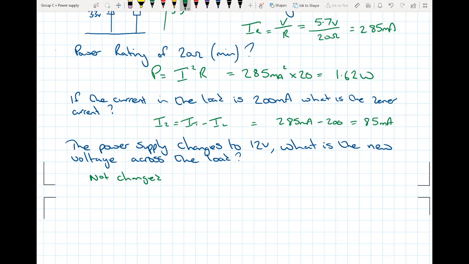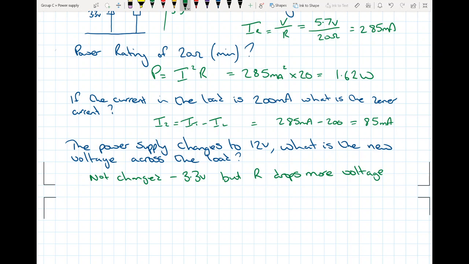It's still going to be 3.3 volts, but our resistor has got more voltage, so there's an increased power consumption across that resistor that we just maybe need to be aware of.